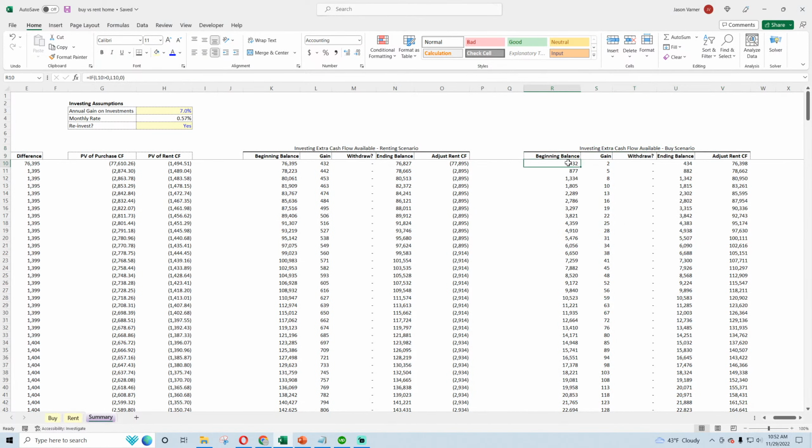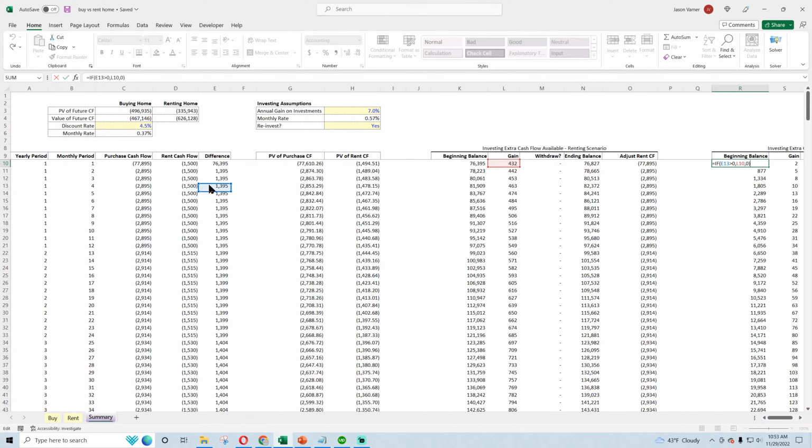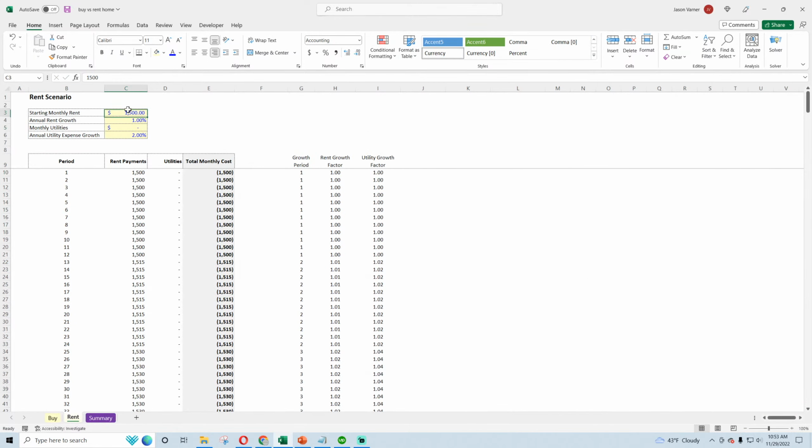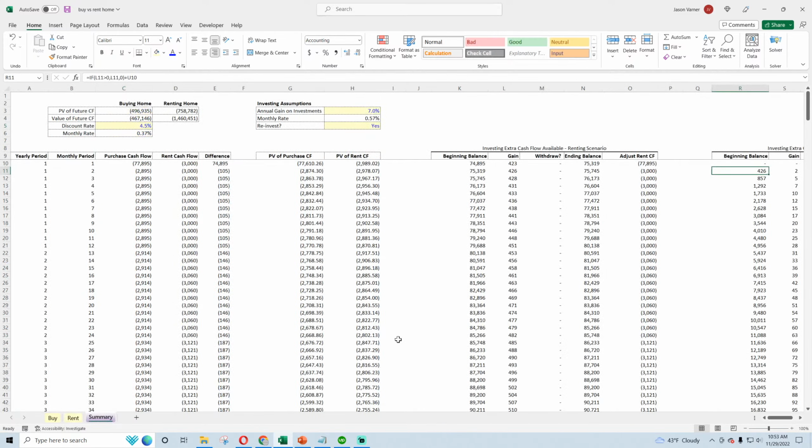Okay, so if we buy, how's this going to work? Your balance is going to be based on whether this difference here initially is less than 0. And let me adjust the assumptions back to where it was. Let's say this is $3,000 a month, 2%, and let's say it does include utilities. It's fine.